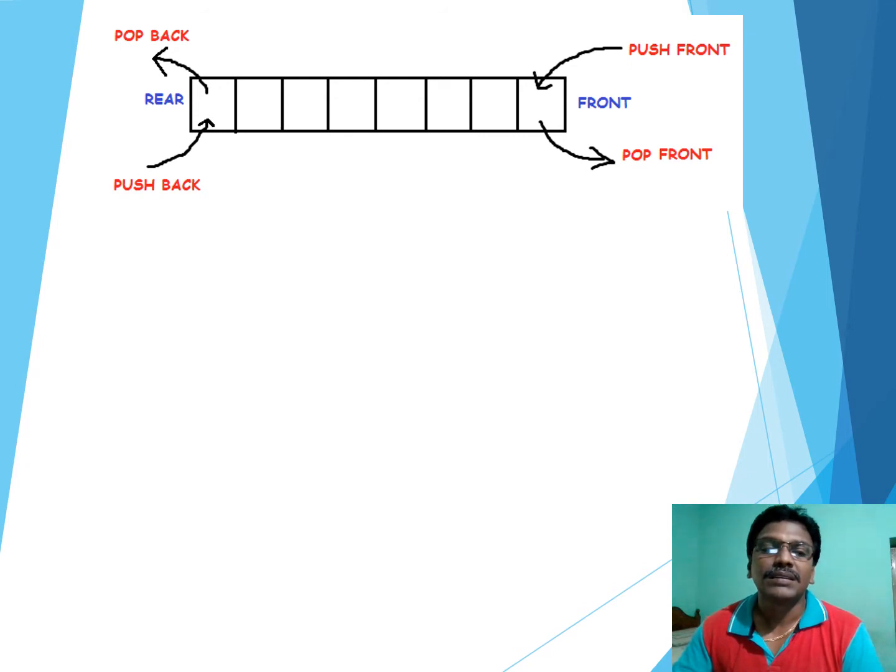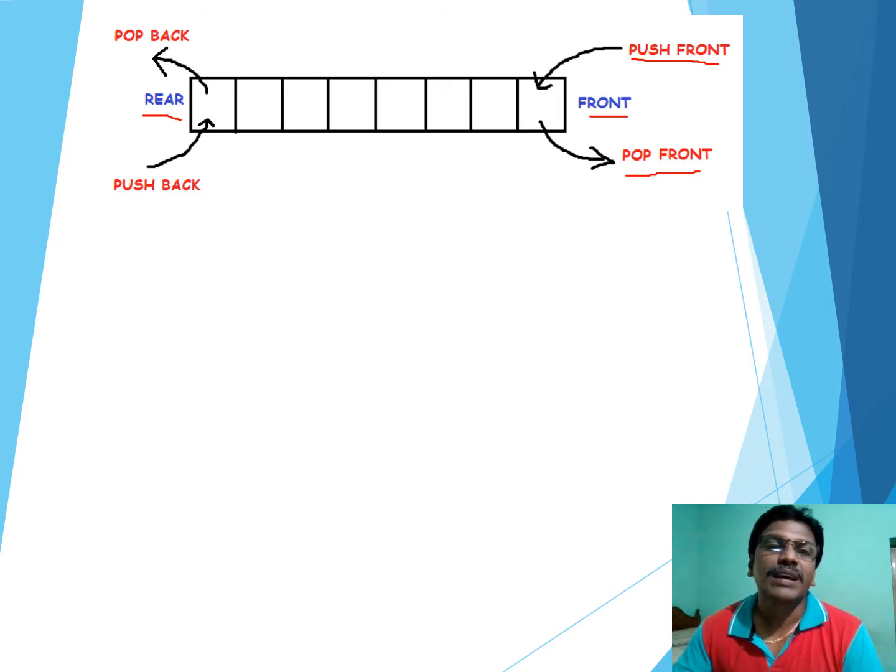Like this, this is for front end and this is for rear end. The front end uses the push operation, that is the insertion, and the delete operation is the pop operation. Using the front end, push and pop.